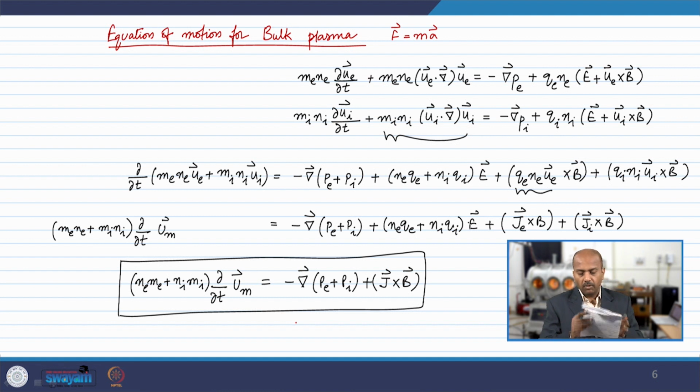right. Now, we have one more equation, which is the rate of change of current density, the final equation of MHD. So, the final equation describes the variation of current density with respect to time.